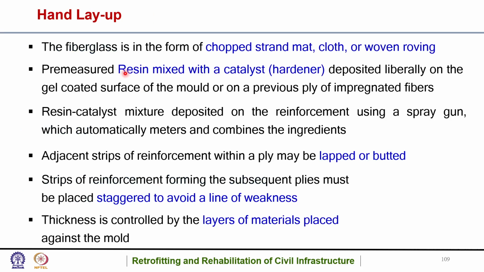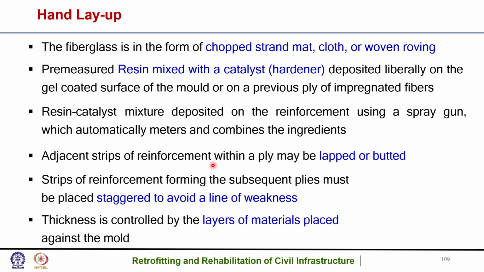So now let us see them also, the types. First is hand layup. The fiberglass is in the form of chopped strand mat, cloth, or woven roving. The pre-measured resin mixed with a catalyst hardener is deposited liberally on the gel coated surface of the mold or on a previous ply of impregnated fibers. The resin catalyst mixture is deposited on the reinforcement using a spray gun, which automatically meters and combines the ingredients.